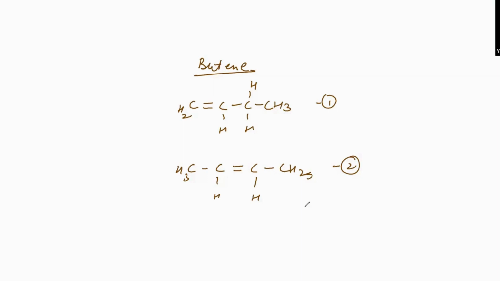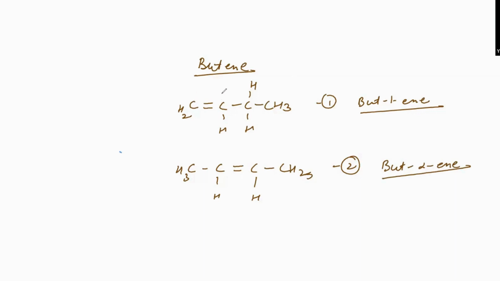Now there are two possibilities, number 1 and number 2. Both are butene, but what is the difference? One is but-1-ene and the other one is but-2-ene. In but-1-ene, the double bond is on carbon number 1.